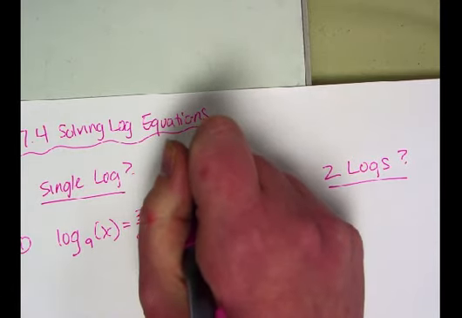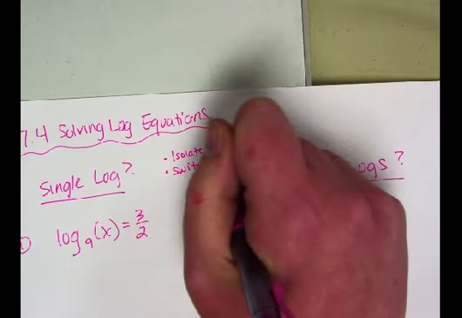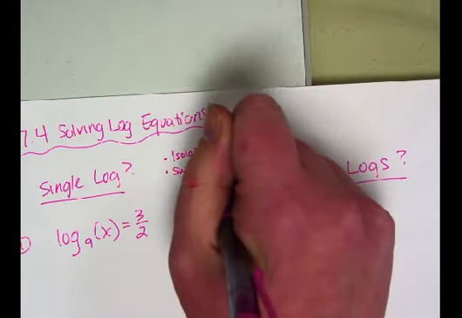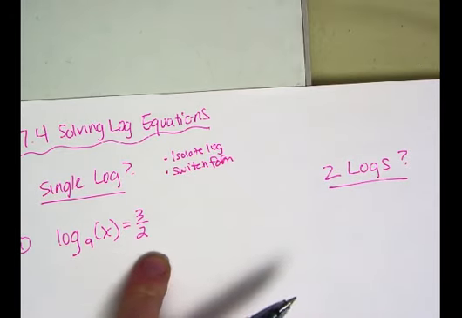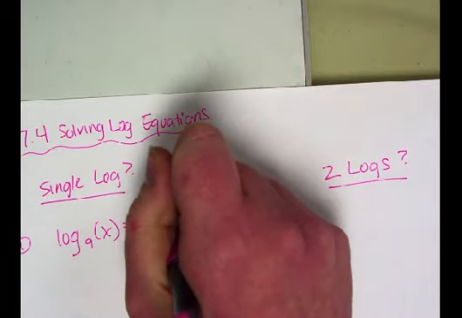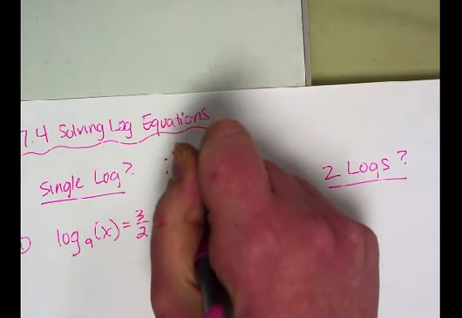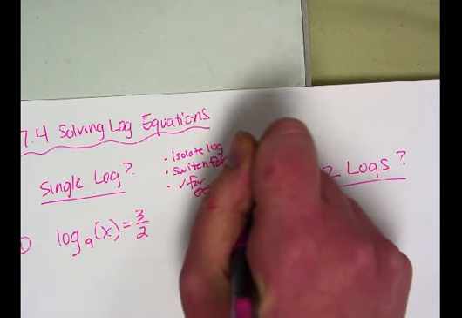From there, we're going to switch form. Right now it's in log form, and we're going to write it as an exponential equation instead of a log equation. And then lastly, once we solve it, we're going to check for extraneous solutions.